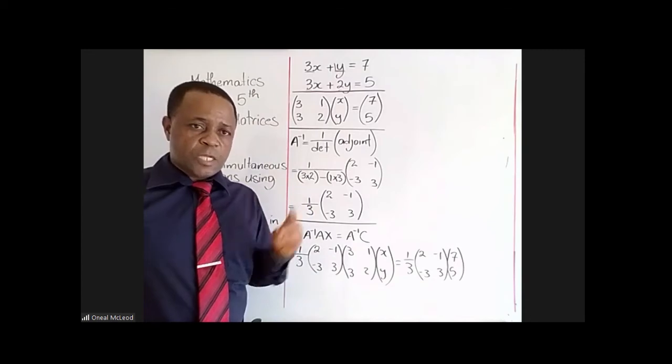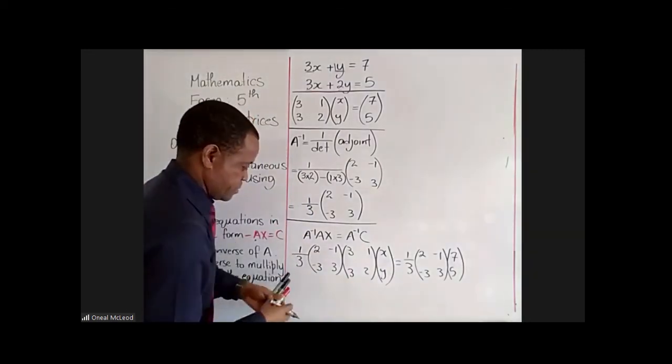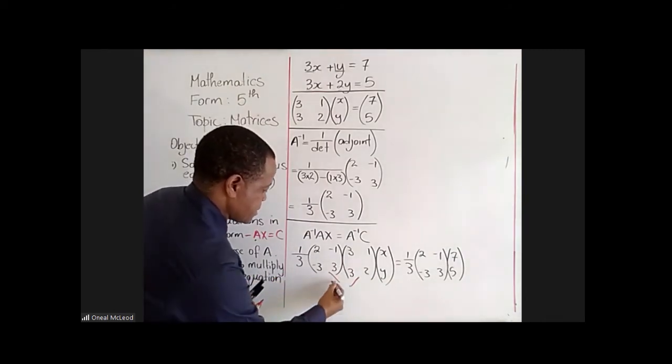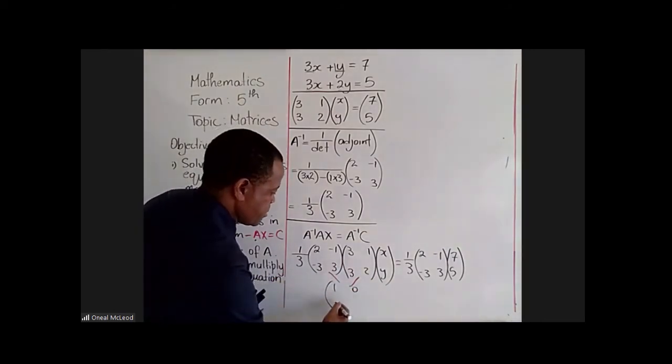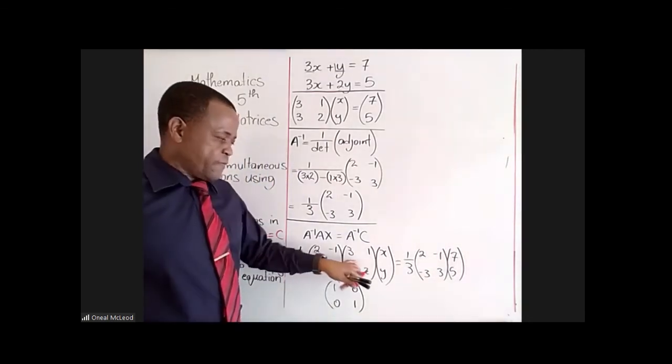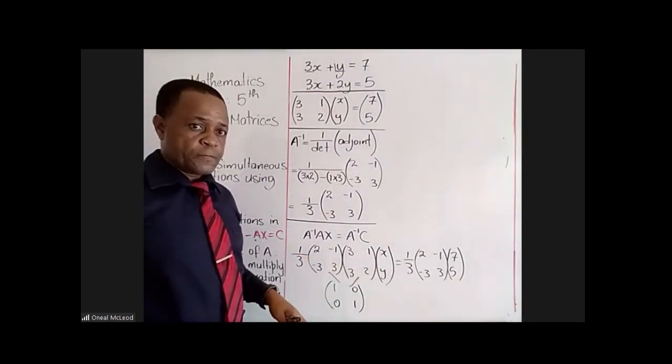So therefore, A inverse times A is going to give us 1, 0, 0, 1. So that's the answer for that part. Good?